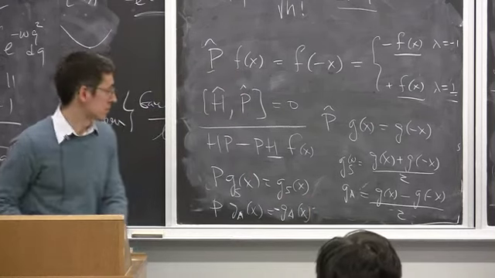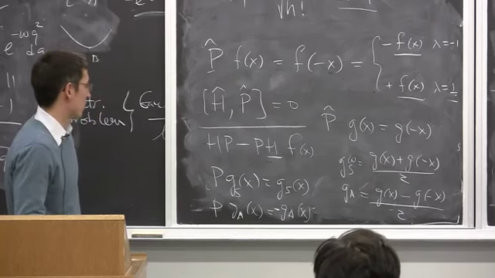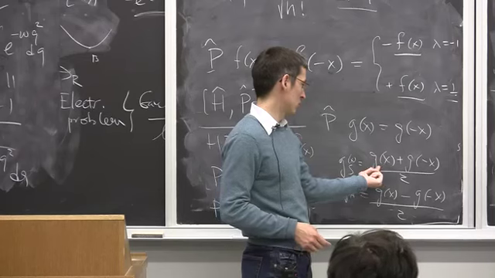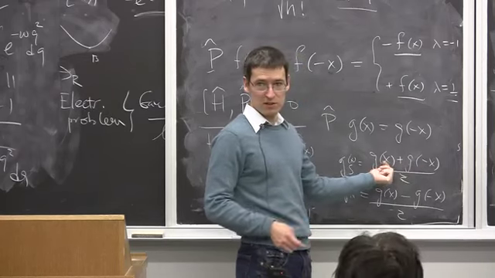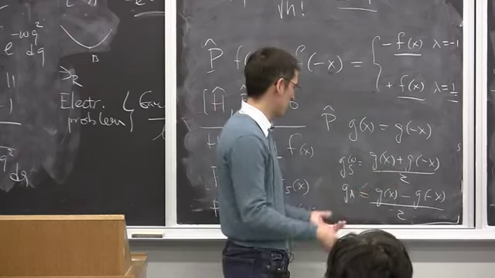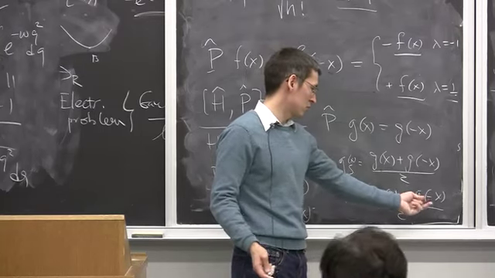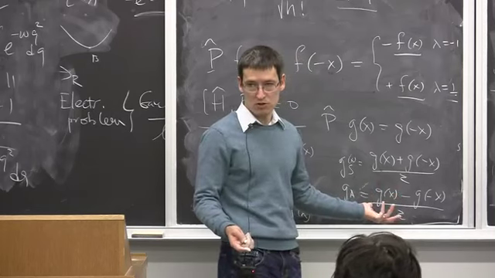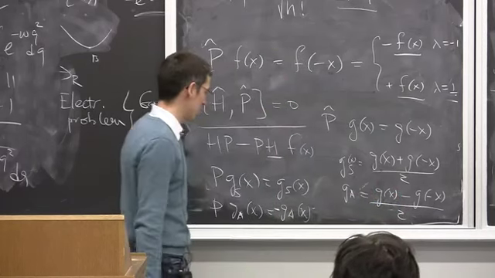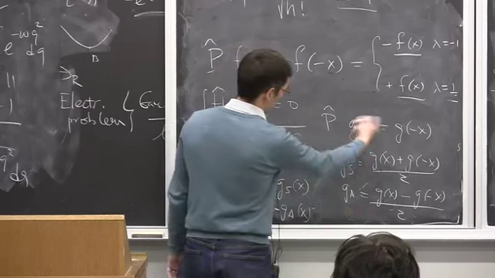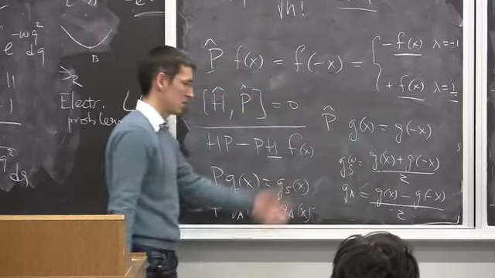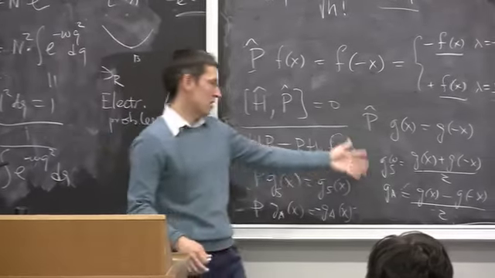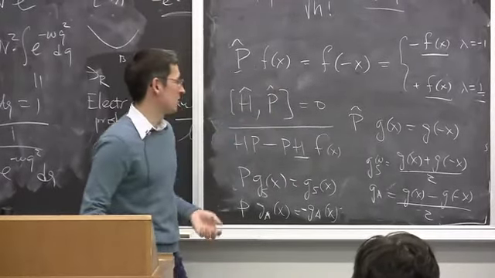It's actually quite a simple check, because parity turns this into this and this into this, and because they sum, nothing changes. But here, if this term turns into that term and that term turns into this term, the overall sign changes. So that's why, if you have any function, it's easy to construct symmetric and antisymmetric versions of the same function, and they will be eigenfunctions of parity.